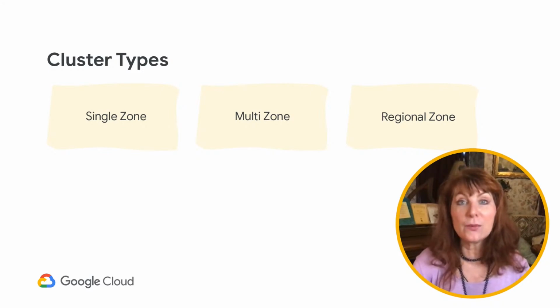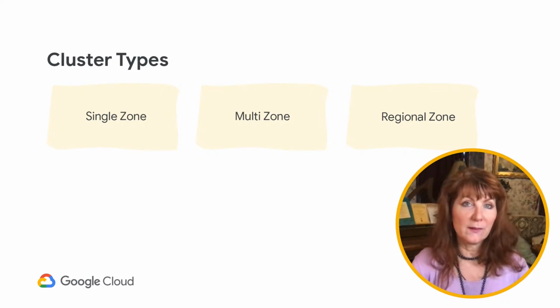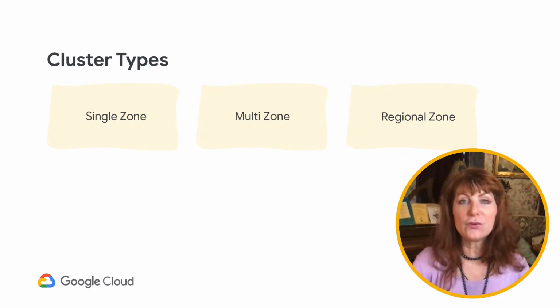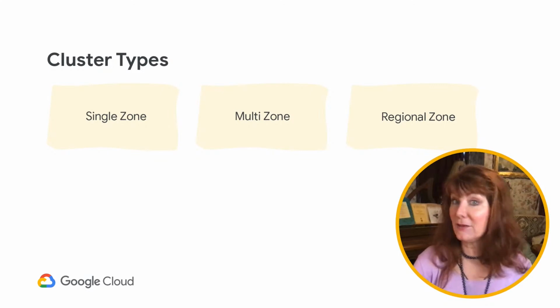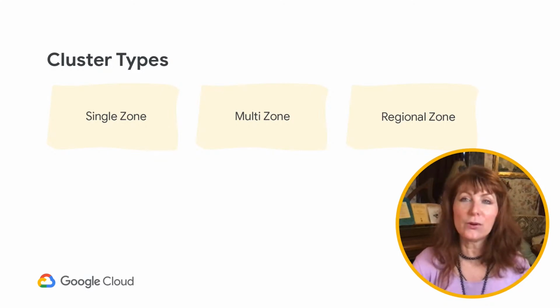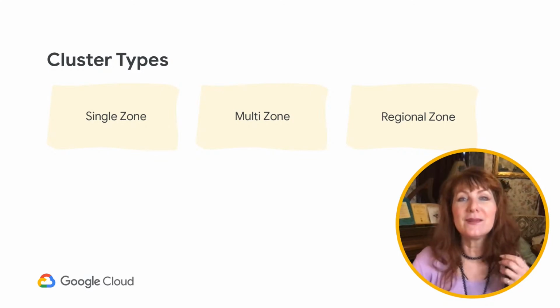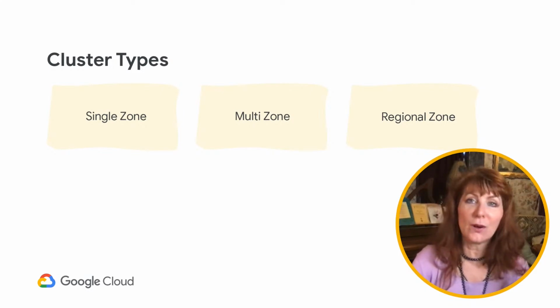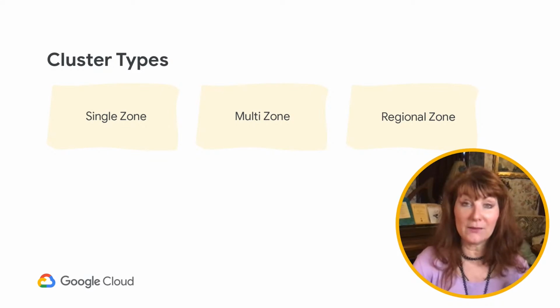Nodes, I should say, also run in each zone where a replica of the control plane runs. Now, because a regional cluster replicates the control plane and the nodes, it is going to consume more Compute Engine resources than a similar single zone or multi-zone cluster. So yes, it will cost more, but it does give you high availability and redundancy.